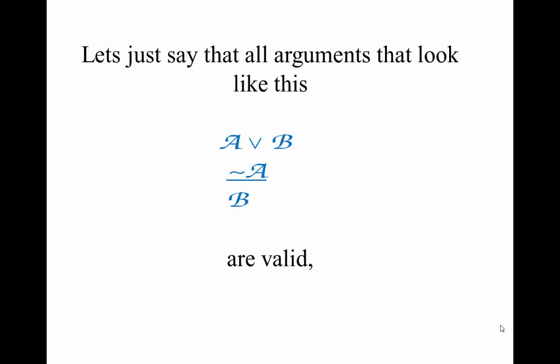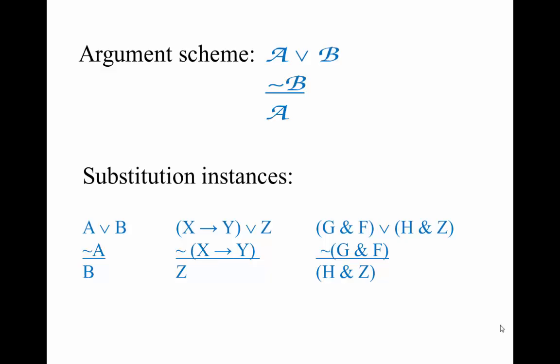no matter how long, right? So this is our argument scheme up top, and we're going to say that anything that comes from that is a substitution instance of that scheme, and it will also be valid.